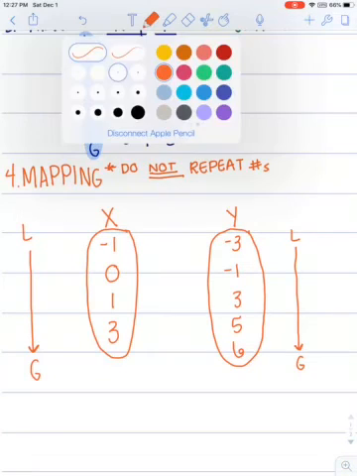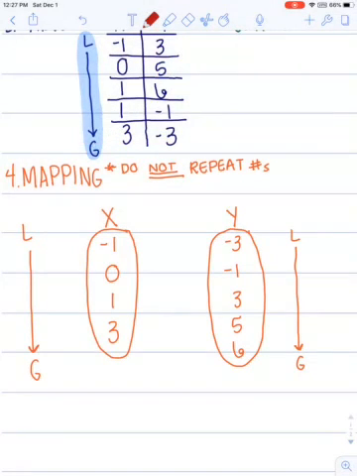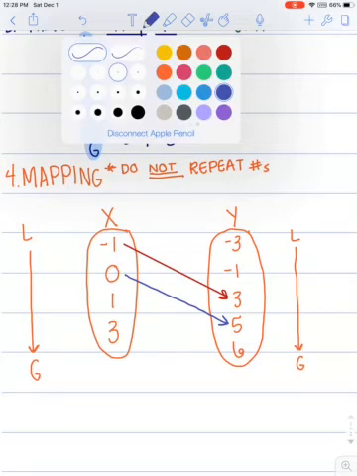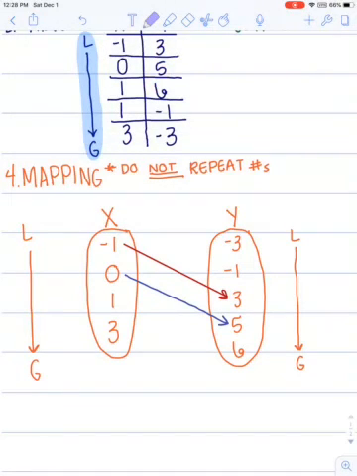Then what we're going to do is go through and map out which x values go with which y values. So -1 goes with +3, 0 goes with 5, +1 goes with -1, but it also goes to +6.